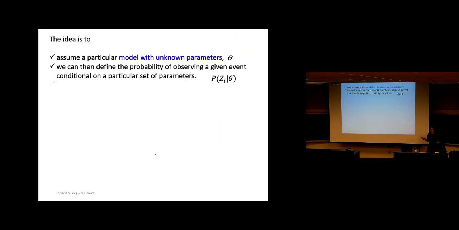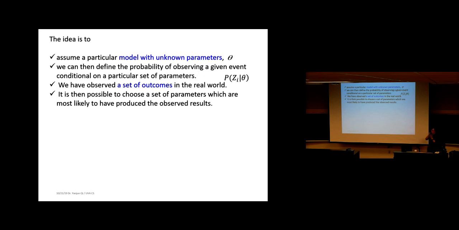So let's do it step by step. You're assuming a particular model with unknown parameter theta, and then you define a probability of observing a given event, conditioned on that theta, which is P(Zi given theta). Then you observe a set of events in the real world, which is Z1 until Zn.